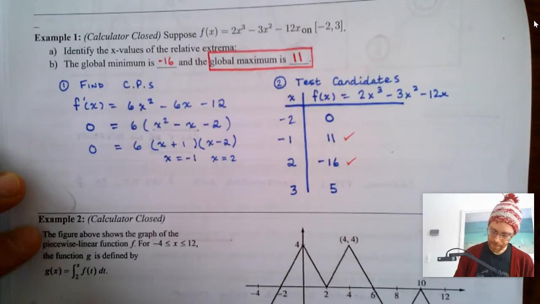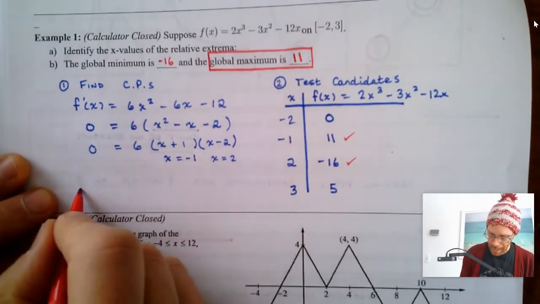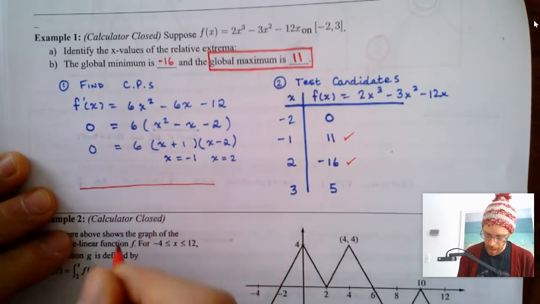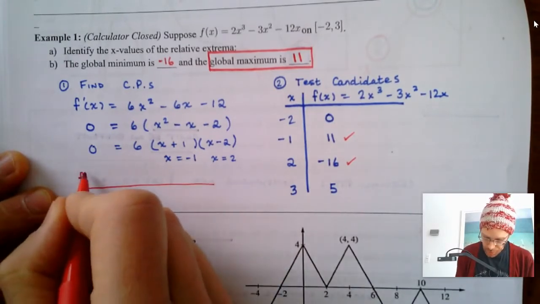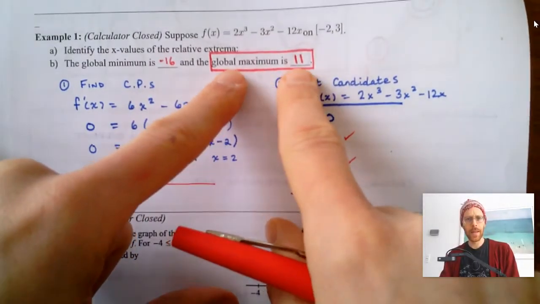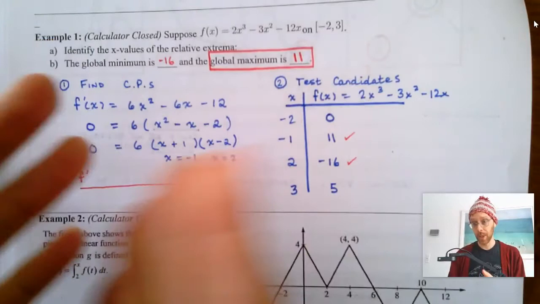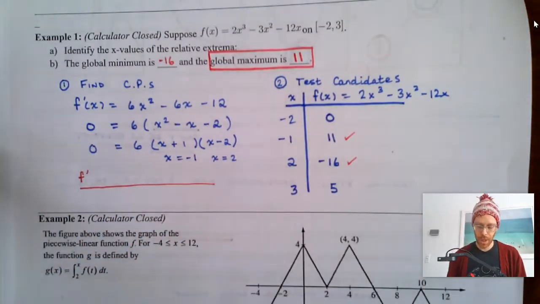Here's what I mean by that. Imagine back in step 1, we had made a sign chart. By the way, for this kind of description of just finding the max, I'm going to do everything in red so you can see the difference between the original problem and the modification I'm making.